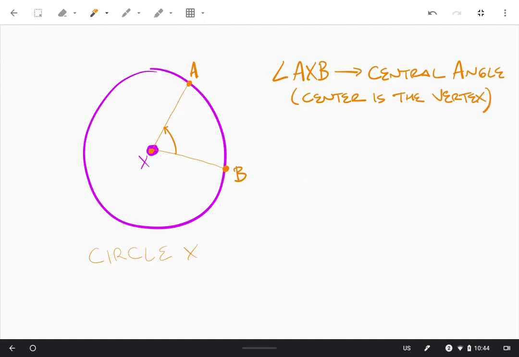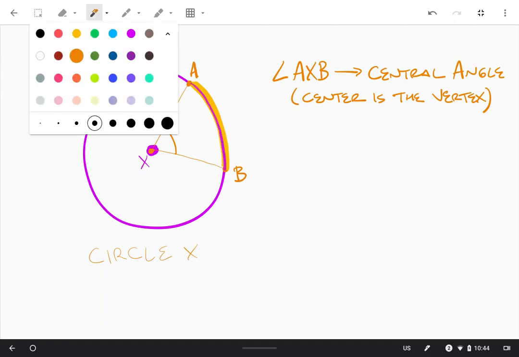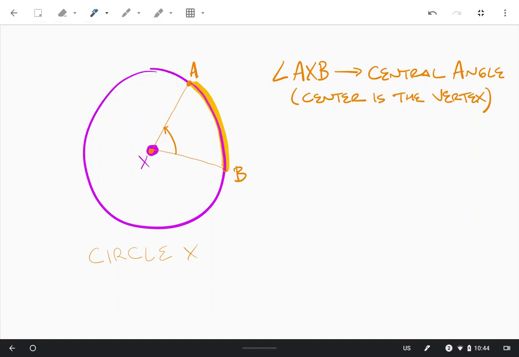So when we do this, we end up with the central angle like we've already talked about, and we end up with this part right here. This part of the circle that I'm going to go and draw on is what we call an arc.